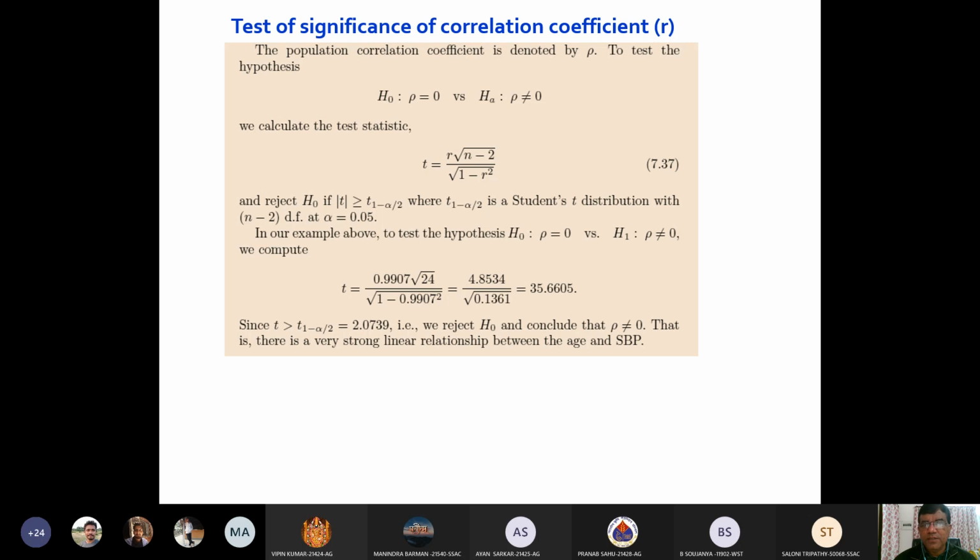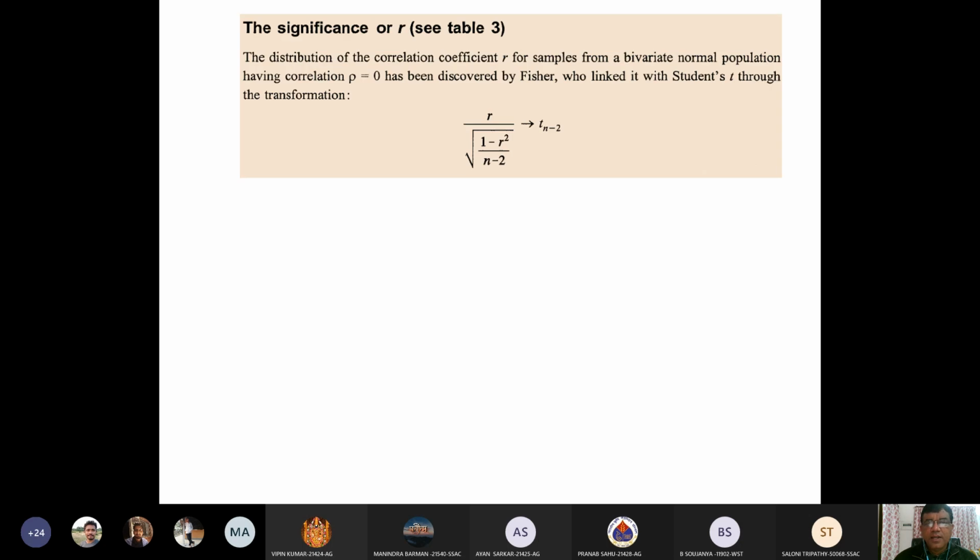This is the value of t you can calculate, and if the calculated value of t is more than the table value, then it is significant, meaning your correlation coefficient becomes significant. The R.A. Fisher relation, which you are seeing on your screen, is r divided by the square root of (1 minus r square) by (n minus 2).